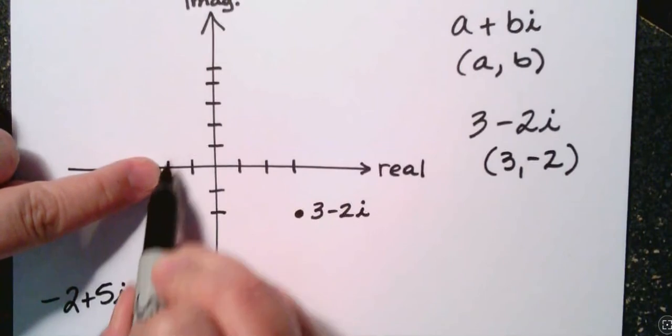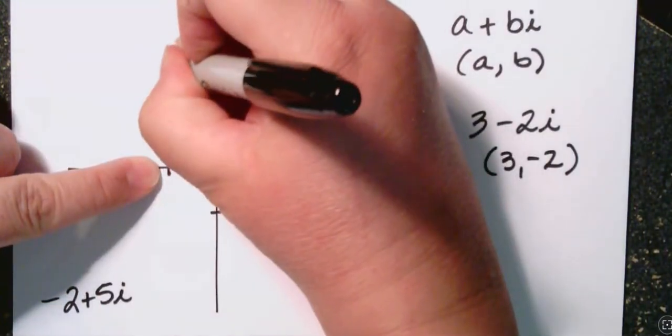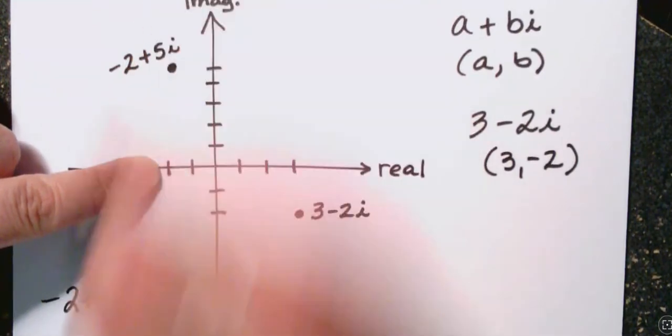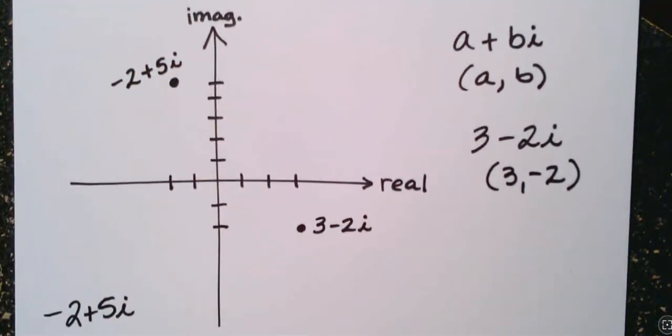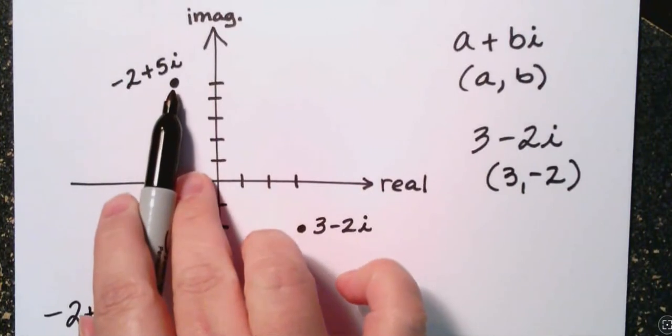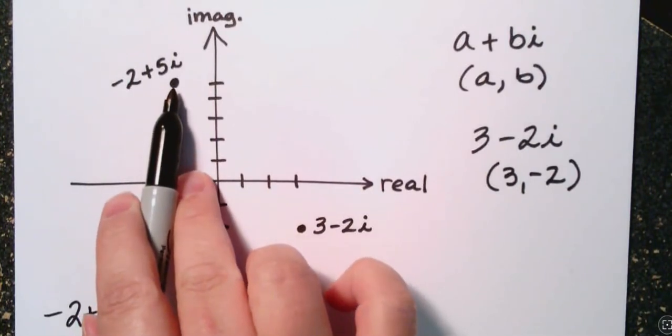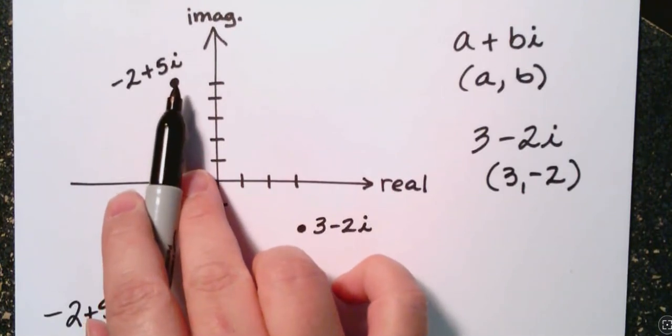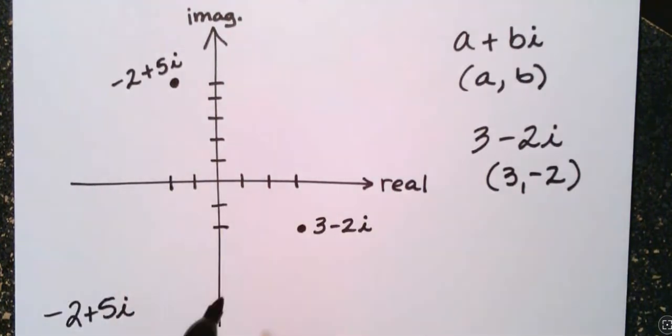So I'm going 2 to the left and up 5. And there is the point, negative 2 plus 5i. So again, you don't have to do anything special with the i. The i is just indicated by the fact that I went up or down that amount. I know that whatever distance up or down I go, that's my i. And whatever distance left or right I go, that's my x. All right, so that's all there is to that.